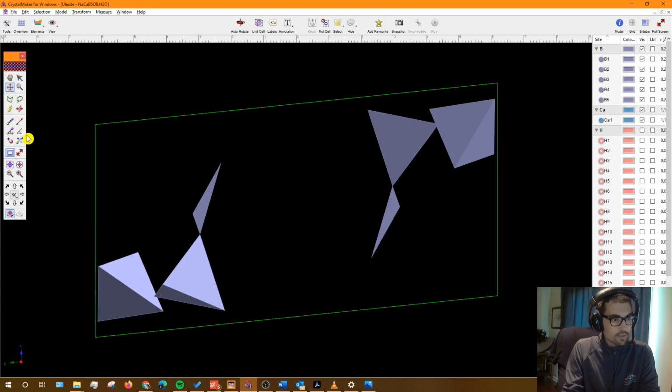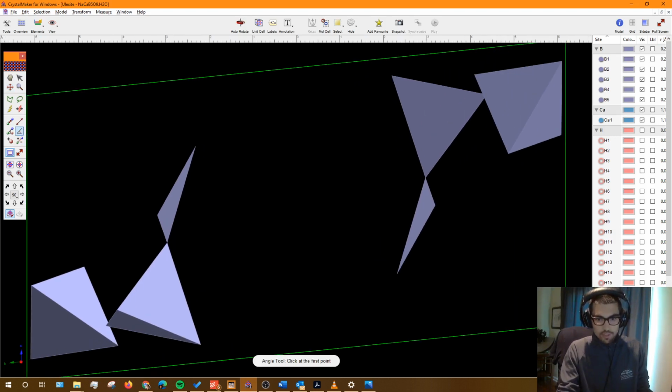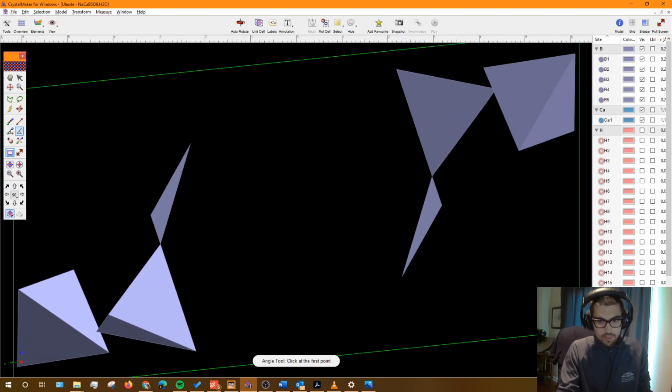So to measure angles in CrystalMaker, we'll use the tool right below the distance measuring tool, this guy, angle measuring. And same deal, I'm just zooming in so I can get a better look at that corner. We want to click right on the line if possible, and then draw a distance. You get to the vertex, get right on there, click again.